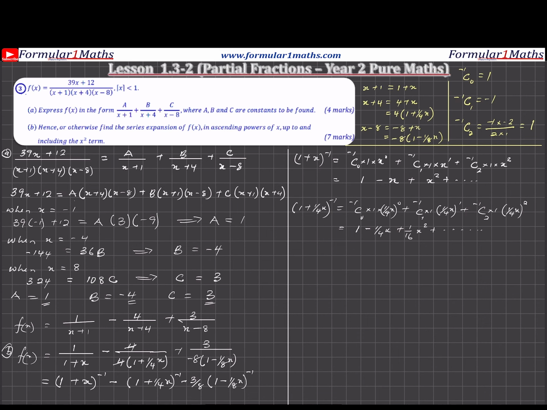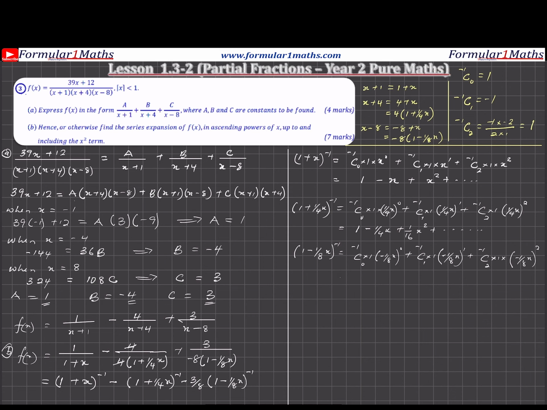The next term, 1 minus 1 over 8x raised to the power minus 1, can be expanded as follows. Minus 1 C0 times 1 times minus 1 over 8x to the power 0, plus minus 1 C1 times 1 times minus 1 over 8x to the power 1, plus minus 1 C2 times 1 times minus 1 over 8x to the power 2.